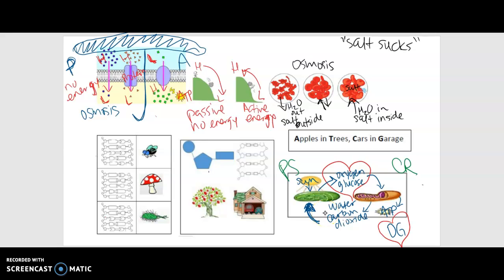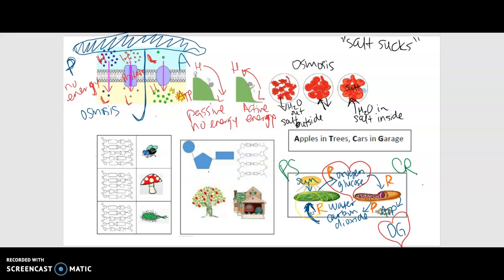So whatever's going into the reaction, we call those the reactants. So going in are the reactants, being created or produced are our products. Okay, so oxygen and glucose become the reactants for cellular respiration, and then water, carbon dioxide, ATP are the products for cellular respiration.